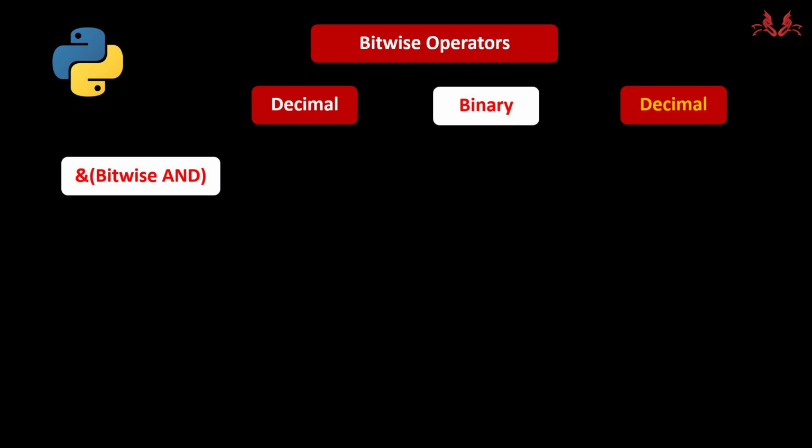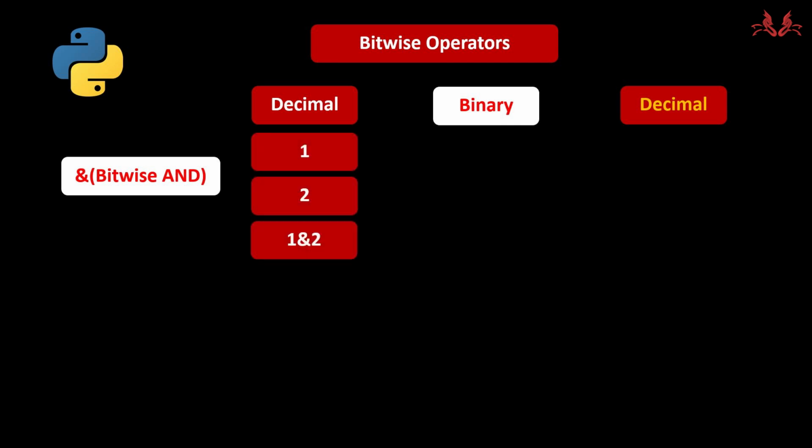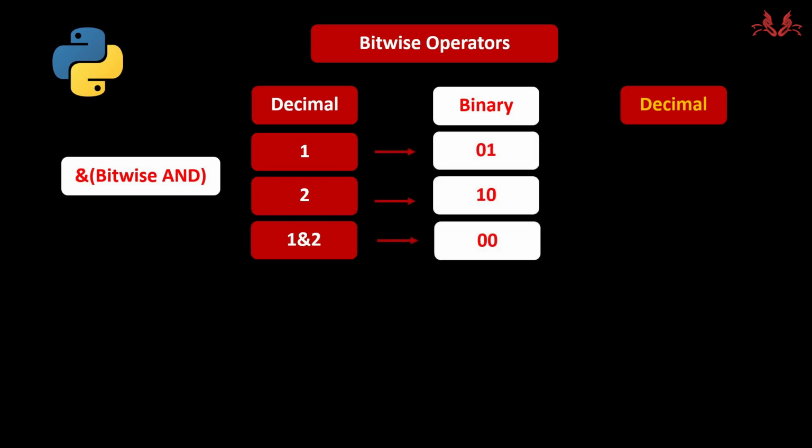In the first example, we use bitwise AND to calculate. In this situation, we can see the two numbers, decimal 1 and decimal 2. Decimal 1's binary is 0, 1 and decimal 2 is 1, 0. And we use the bitwise AND operator to calculate.